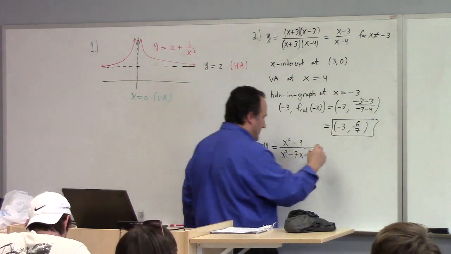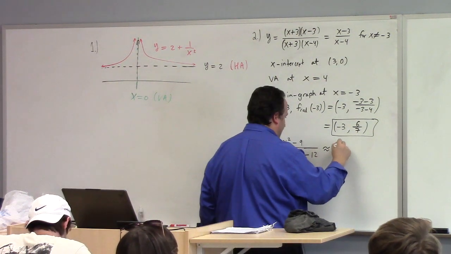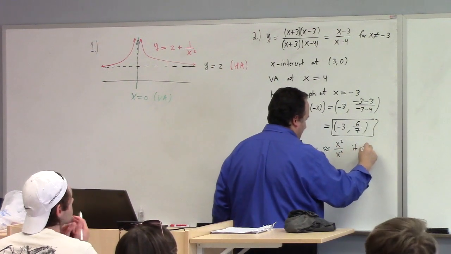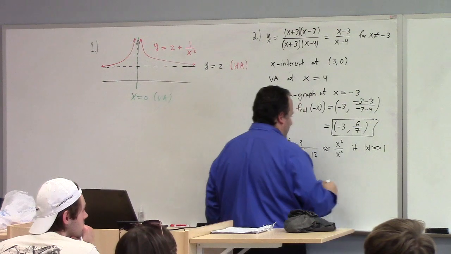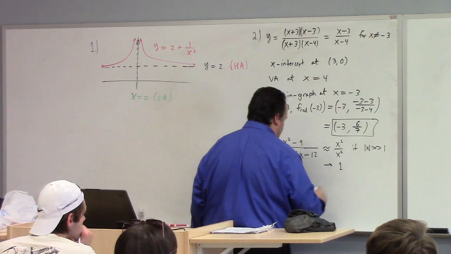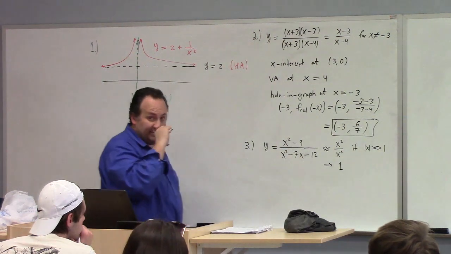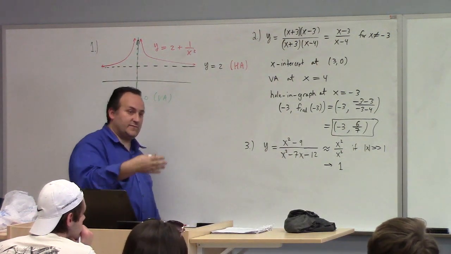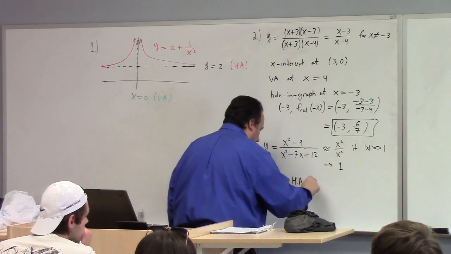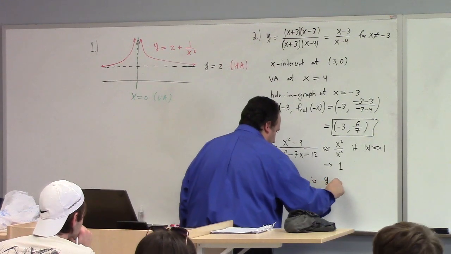So this is approximately x squared over x squared if the absolute value of x is much, much greater than 1. In other words, this tends to 1 for really large values of x or really large negative values of x, which is to say the horizontal asymptote for this one is y equals 1.